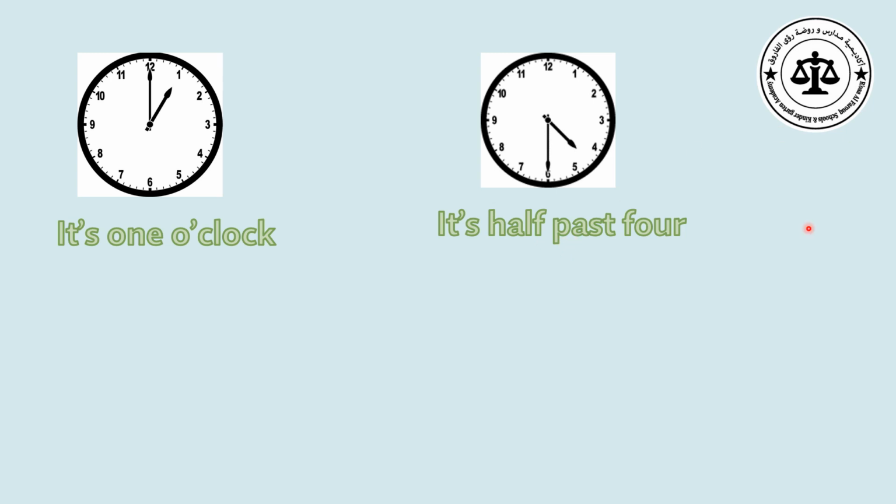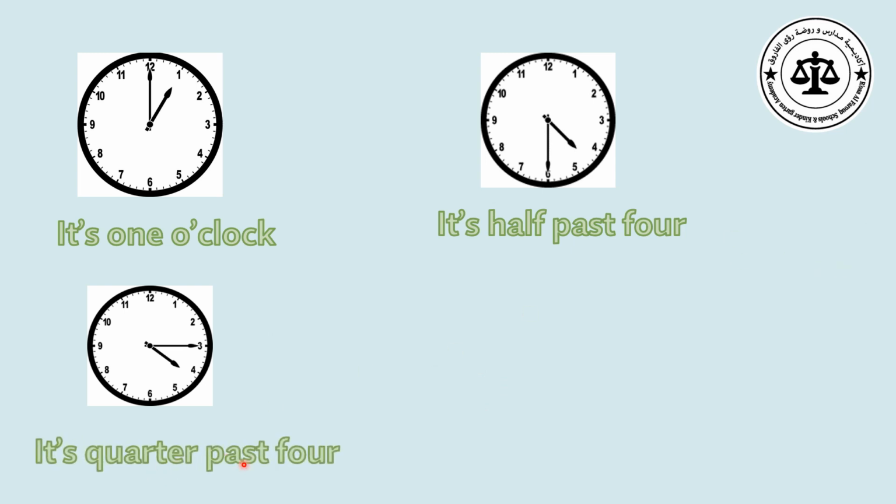ونصف. And this, the long hand at 3 and the short at 4, so it's 4:15. When the long hand العقرب الطويل at 3, so it's 4:15. Then we read the short hand. It's at 4. 4:15.